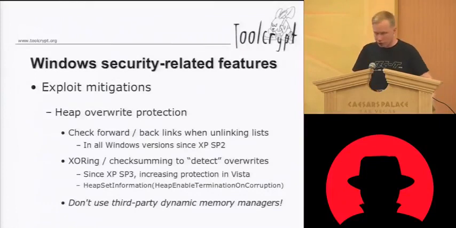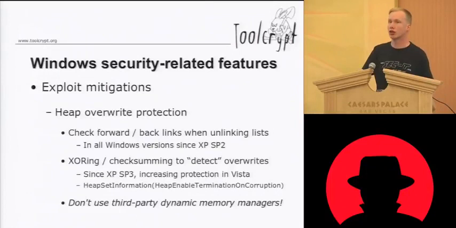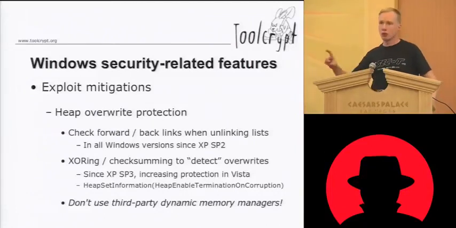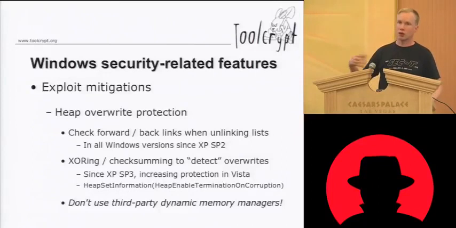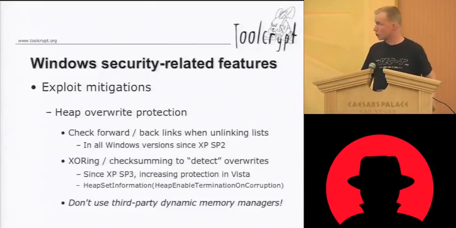So the first thing that they did was implement checking of forward and backward links when unlinking chunks or allocated regions in the heap. So basically, in a standard heap manager, you would have linked lists of blocks of memory that are either on the free list, waiting to be allocated, or on the allocated list. And when you call free, they're taken out of the allocated list. And when you're doing that, you're basically just unlinking it from a doubly linked list.